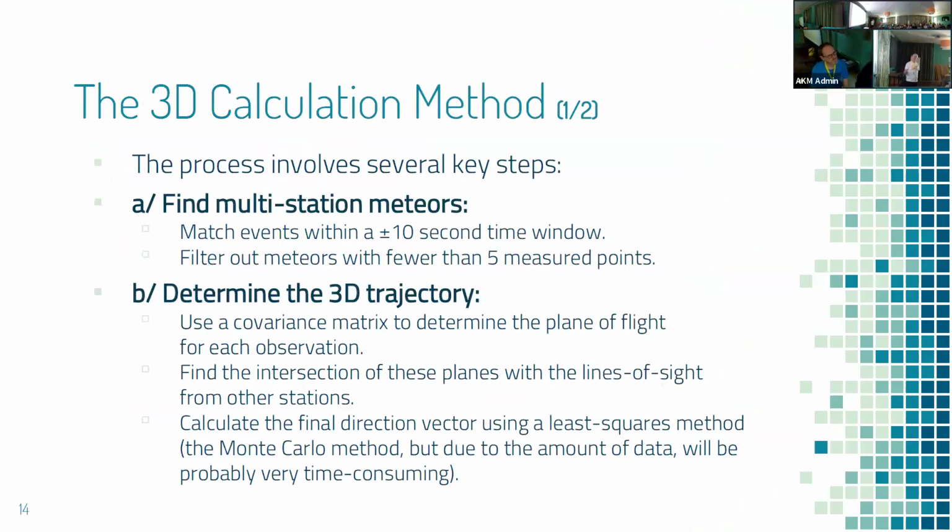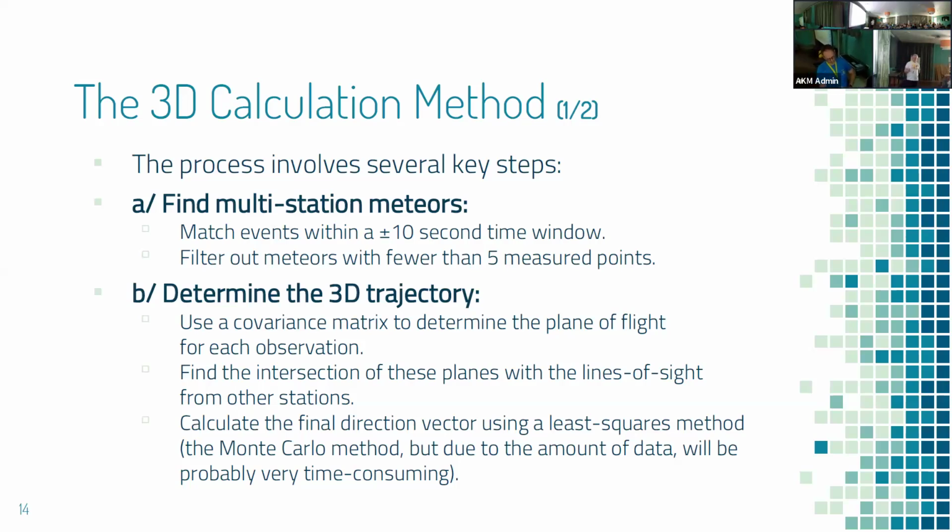The process involves several key steps. From the first database, we find multi-station meteors, matching events within plus or minus 10 seconds time window, because not all stations keep precise time. It is also an appeal for you. And filter out meteors with fewer than 5 measured points, because it is not a real light curve, it is only some peak.